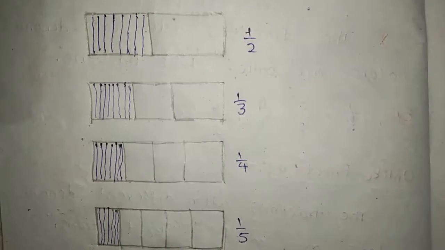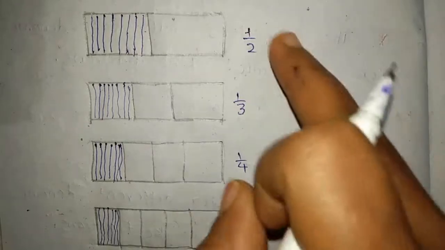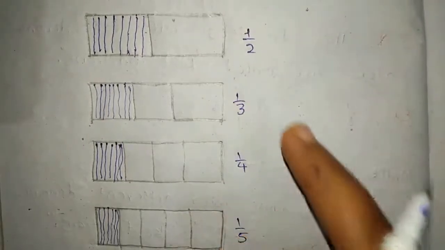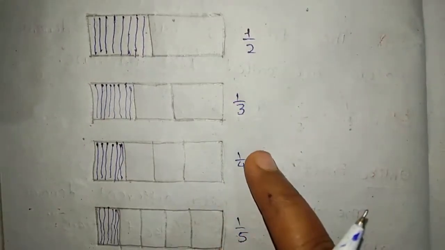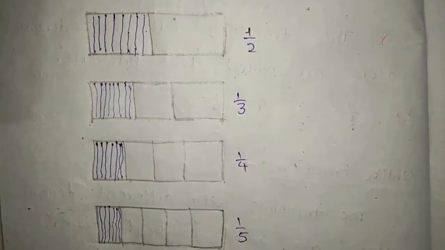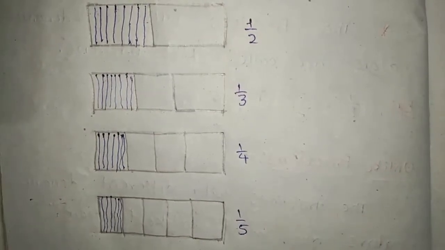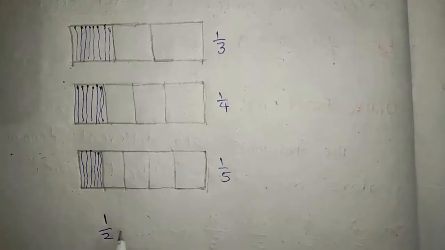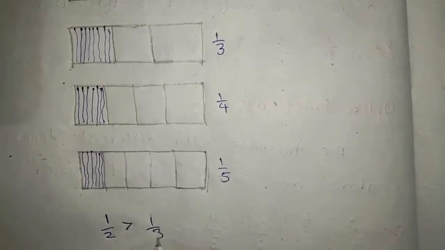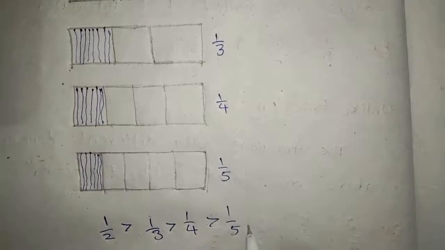Now here we can say that 1/2 is more than 1/3. 1/3 is more than 1/4. 1/4 is more than 1/5. That is, 1/2 is greater than 1/3 is greater than 1/4 is greater than 1/5.